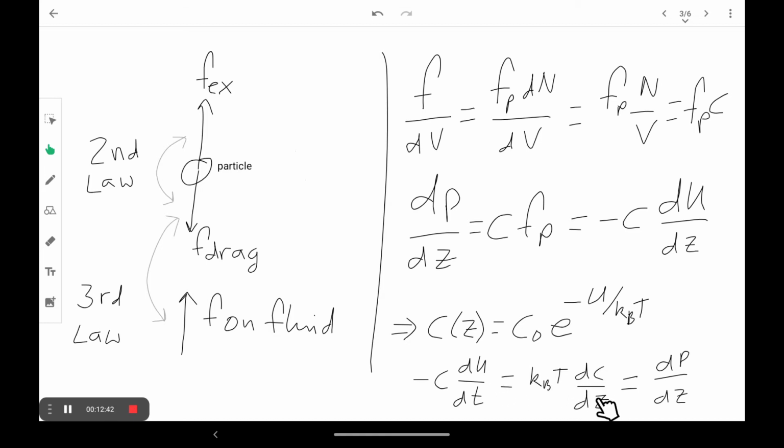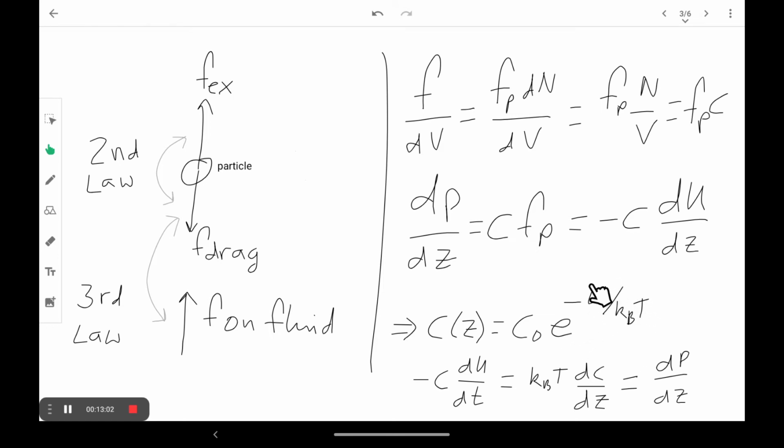Okay, now let's work that backwards just to make sure it's clear. What is the derivative of C with respect to Z, knowing that the only place Z appears here is within U? U is a function of Z. So if I take the derivative of this, C0 is just a constant. The derivative of an exponential, you get the exponential back.